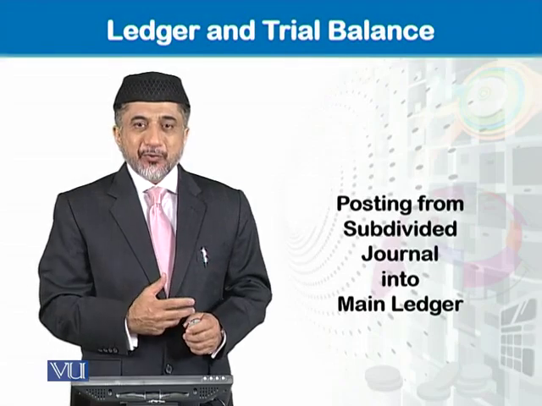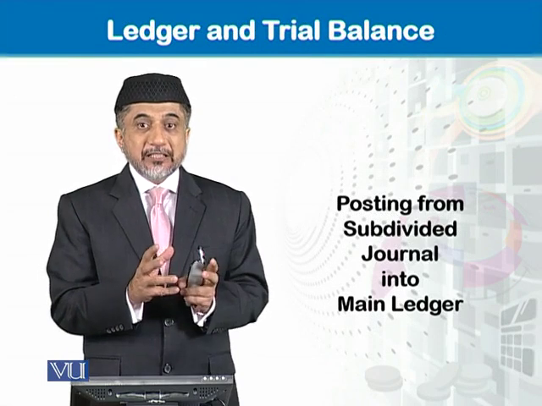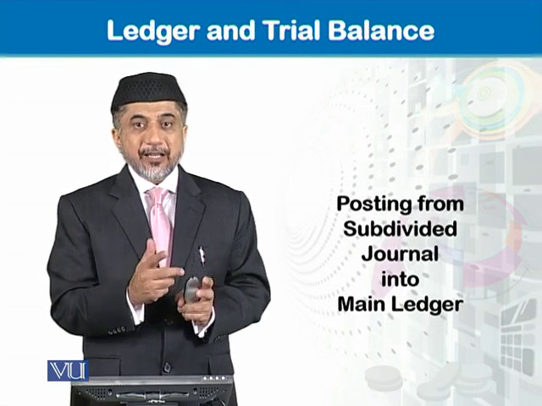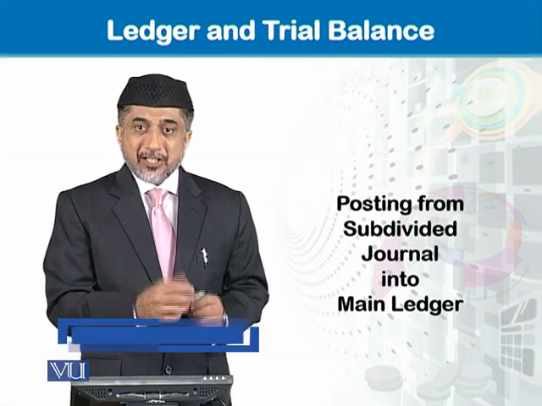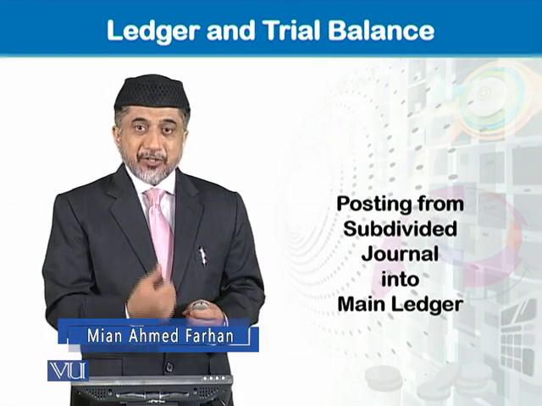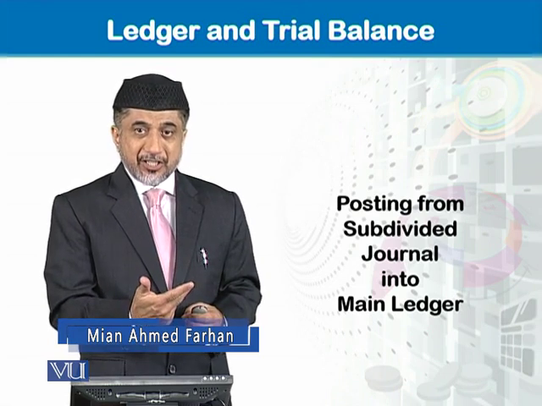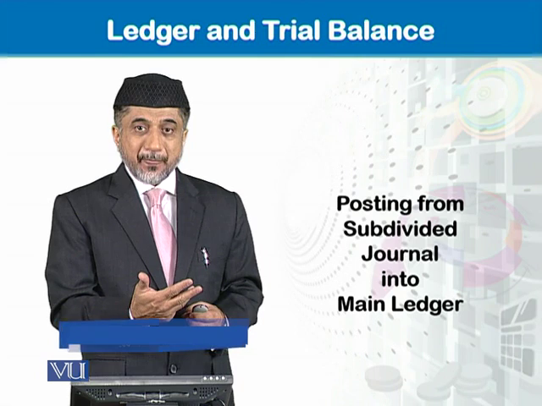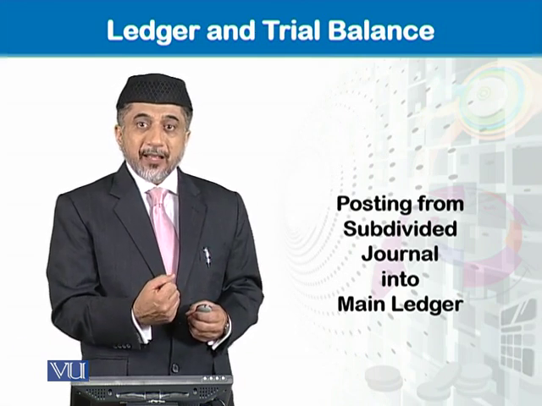Here in this module, we will learn the posting process from subdivided journals into the main ledger. We know very well these subdivided journals include the purchase journal, sales journal, purchase return journal, sales return journal, cash book, which is the main cash book, and petty cash book as well.